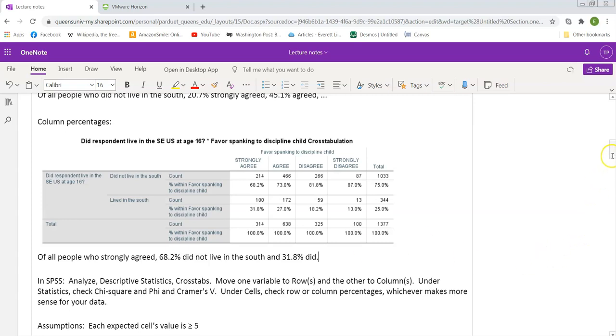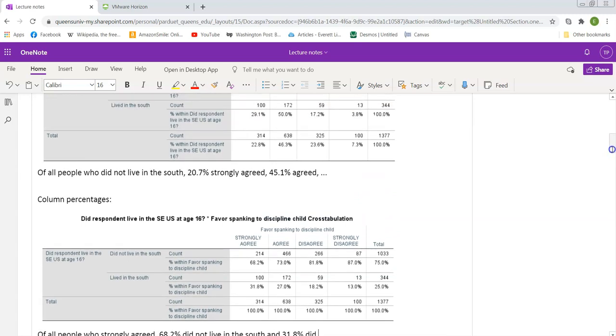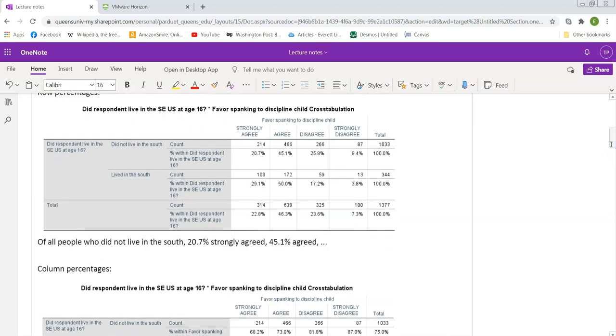So I think it's really important to look at these and decide which one of these is going to be more useful, more informative to report. You've got to decide what best answers your research question. And here, yes, we're looking to see if there's a relationship between these two variables, but we're also really wanting to compare people who live in the South versus people who don't live in the South.